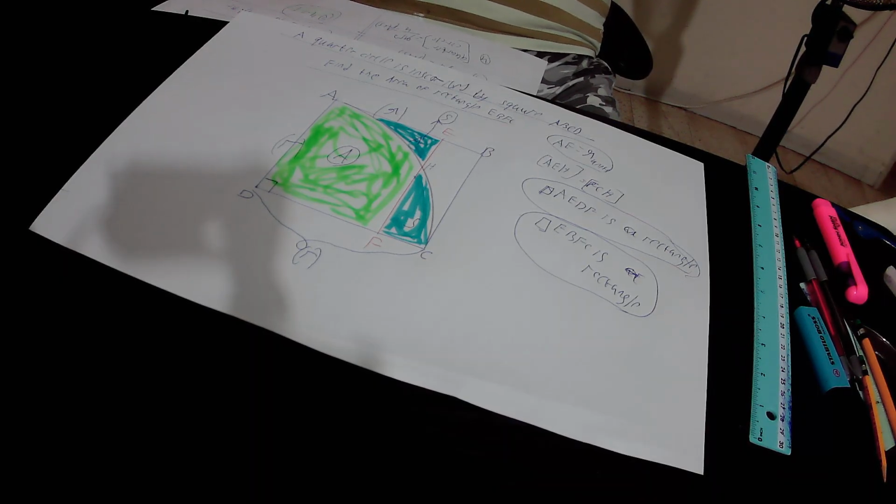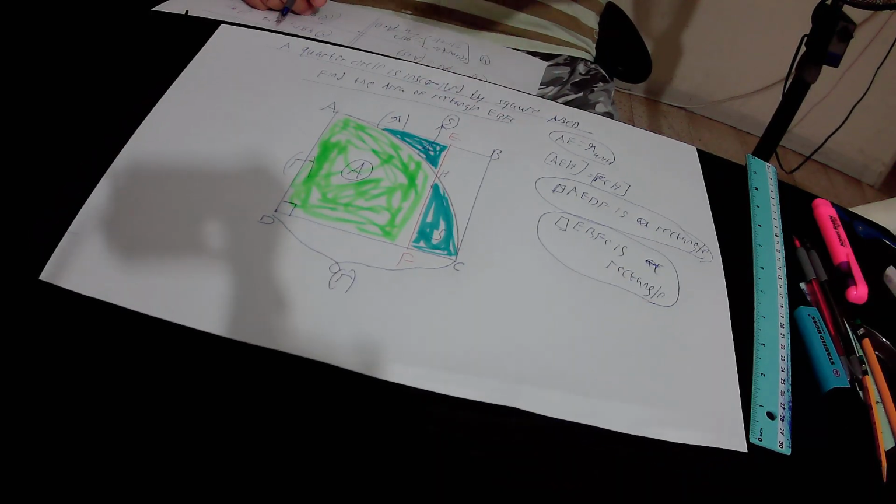Okay, so now we can easily find out the area of rectangle AEFD. The area of this rectangle AEFD is equal to the width times the length.